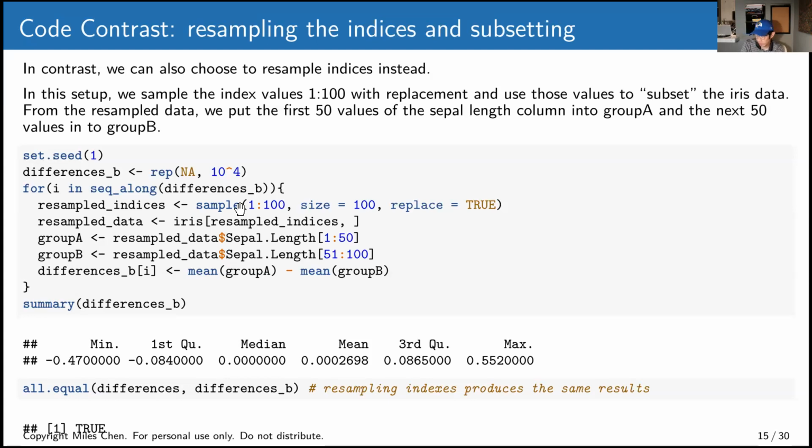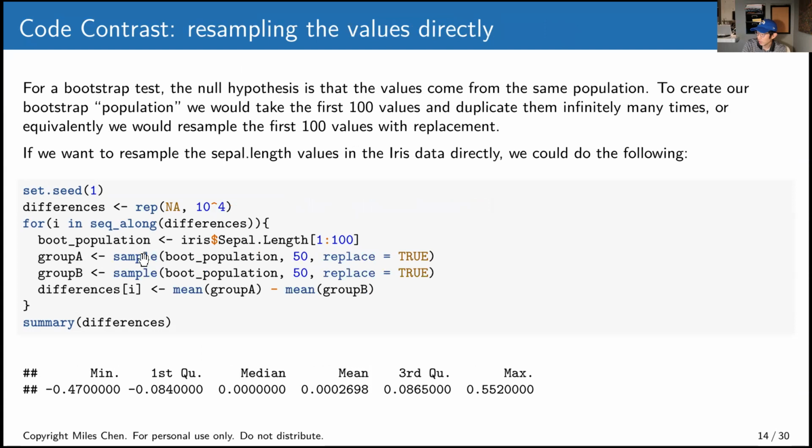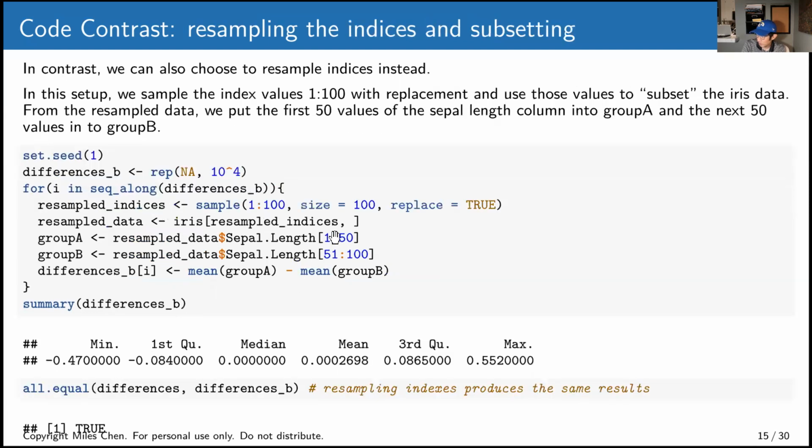Here I called the function sample one time, asking for 100 of these values. Over here, I called the function sample twice. But calling sample asking for 50 values, and calling sample and asking for 50 values, produces the same results as calling sample and asking for 100 values when you're doing it with replacement.